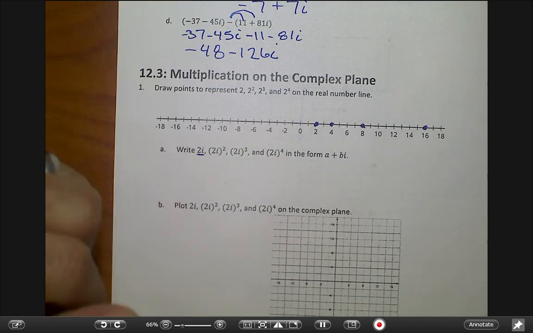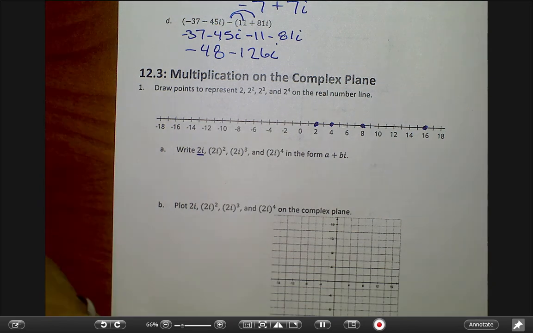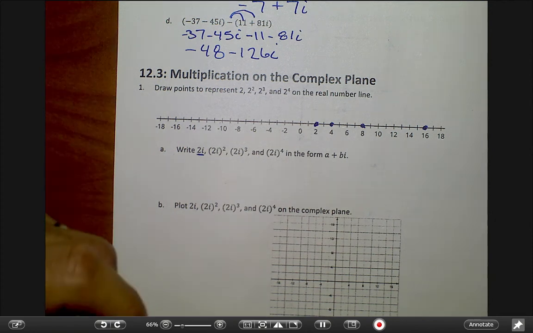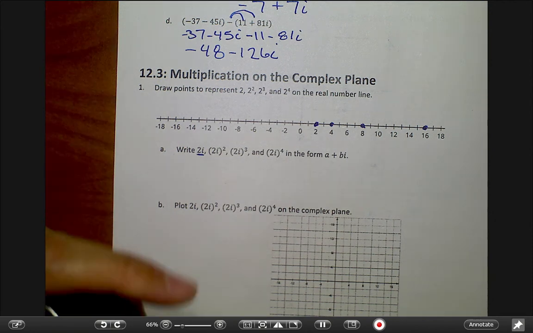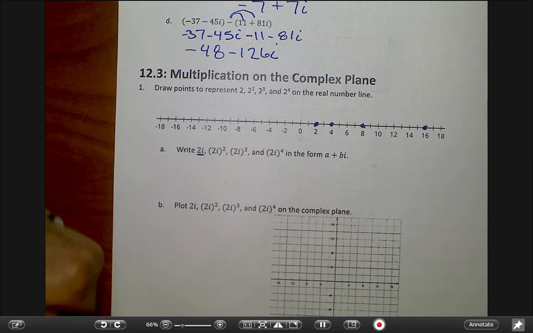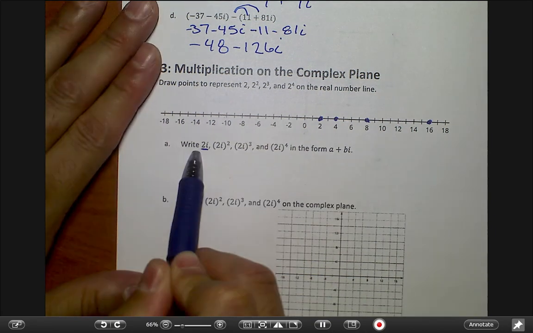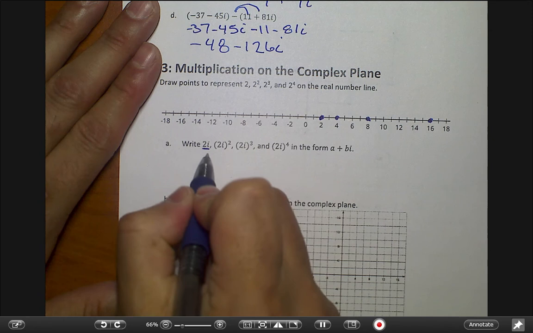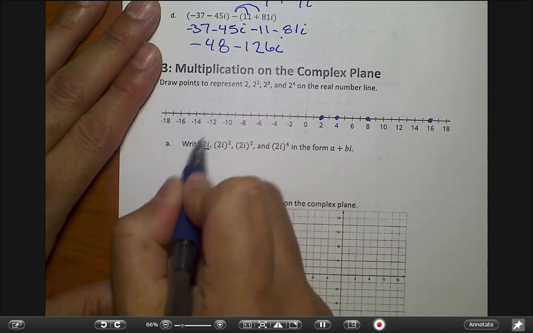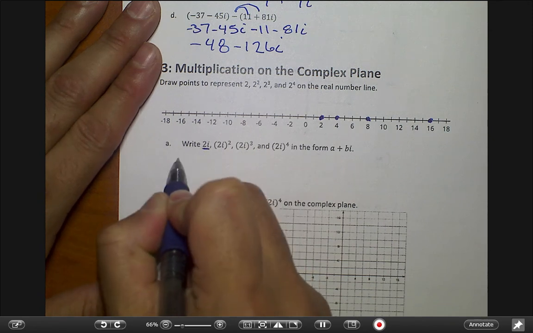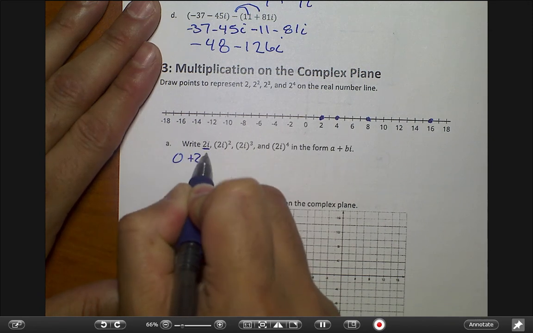Is there a real number there? If there's not a real number, is there a real number to represent not a number? 1? No. How about 0? Do I have 0 real? Yes. So that's super important to remember. If you only have this piece right here, the real part's going to be 0 plus 2i.